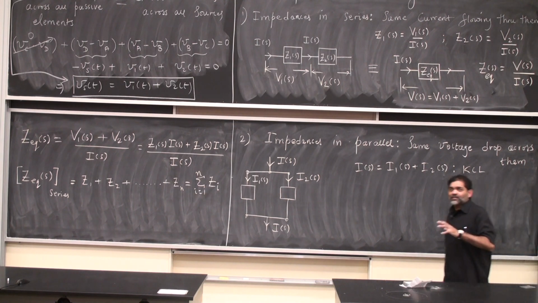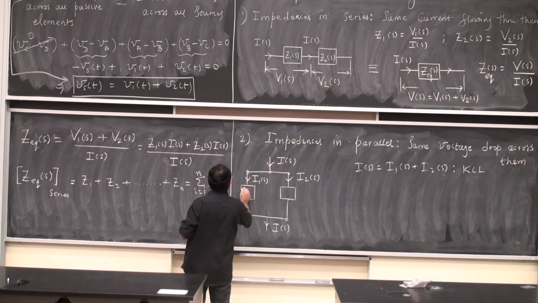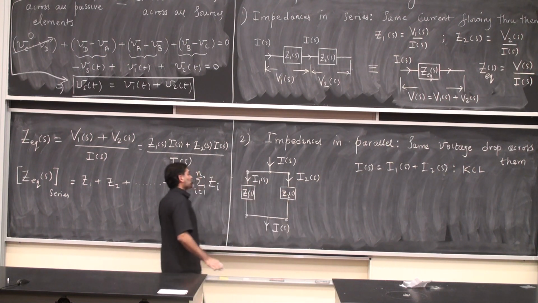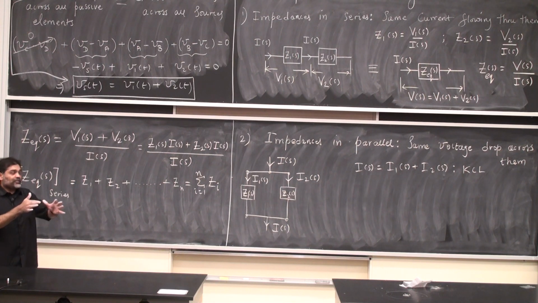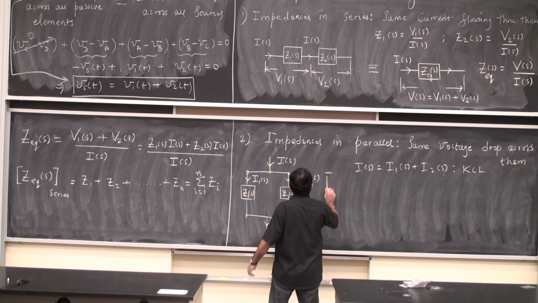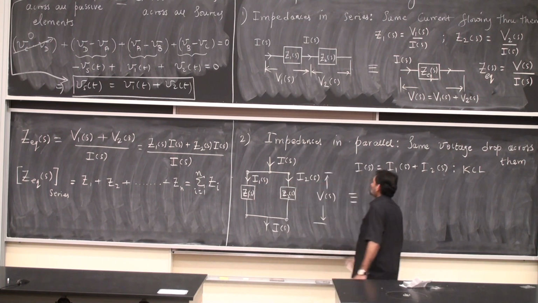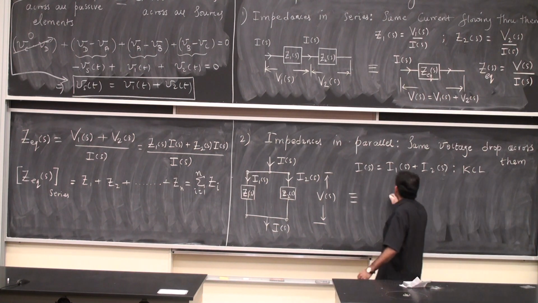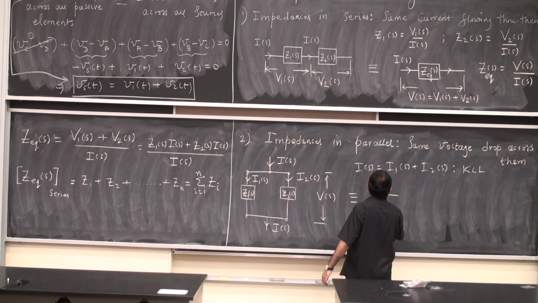Then those two blocks, I'll call them Z1 of S and Z2 of S. Same voltage drop across these elements. This can be replaced by an equivalent impedance.